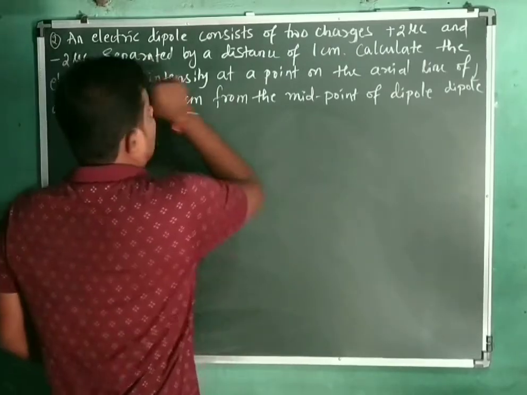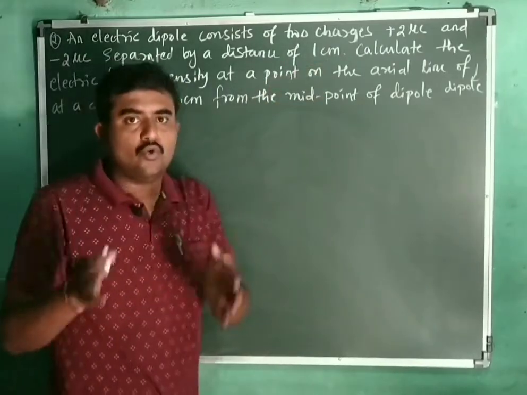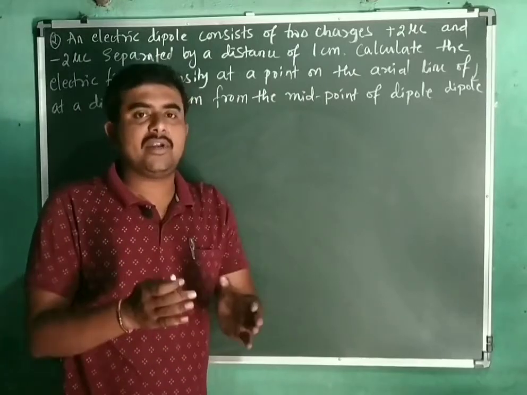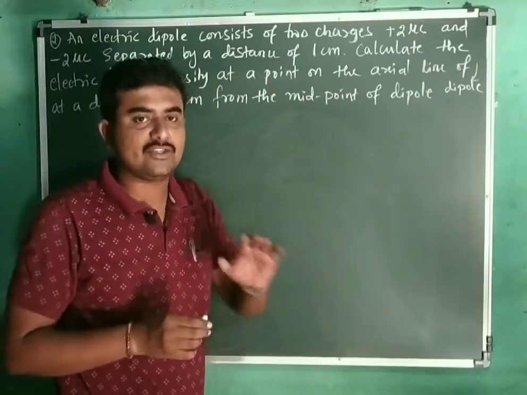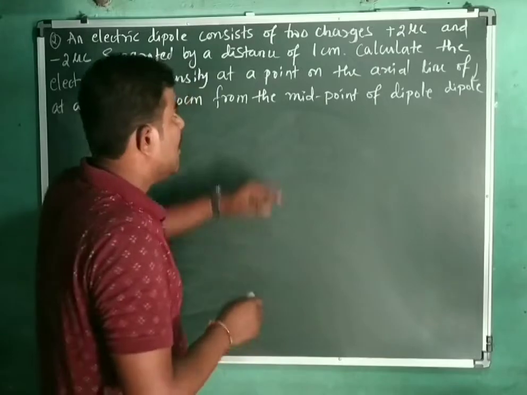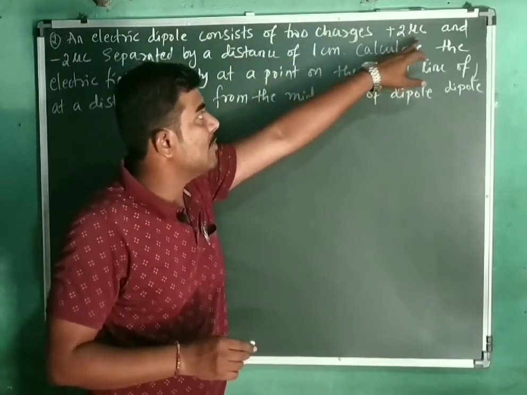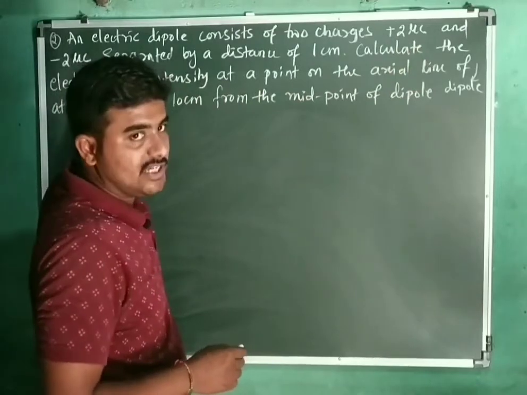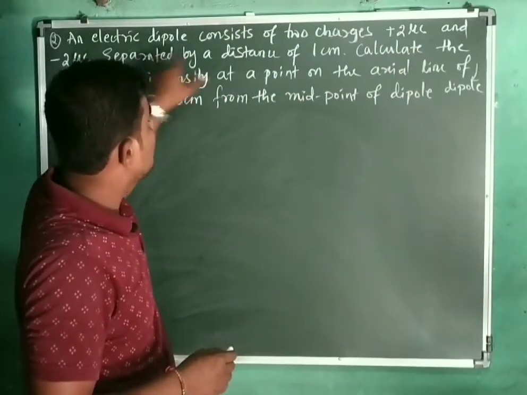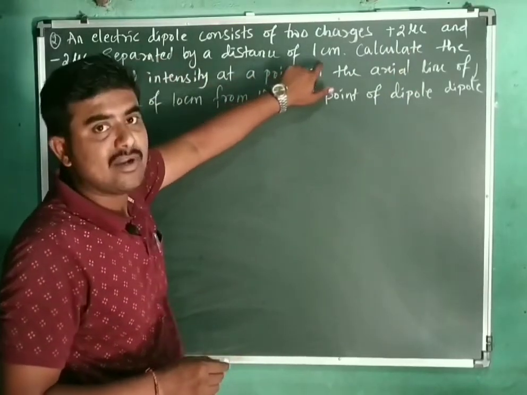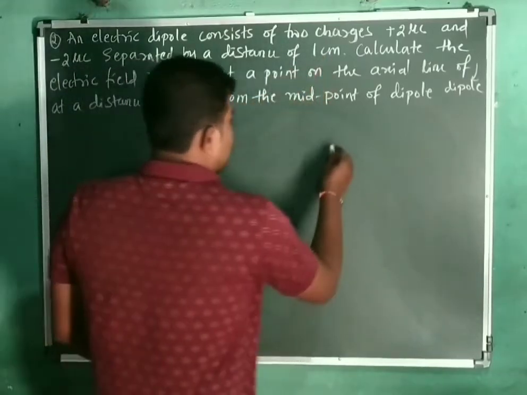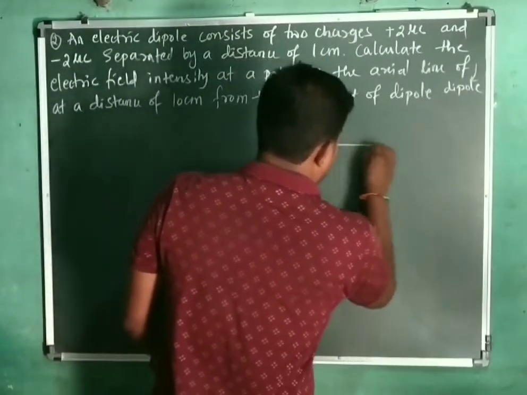See here, dipole means two equal and opposite charges separated by a finite distance. It is called an electric dipole. Here two charges are given, plus 2 microcoulomb and minus 2 microcoulomb, and these two charges are separated by 1 centimeter distance. This is the dipole actually.